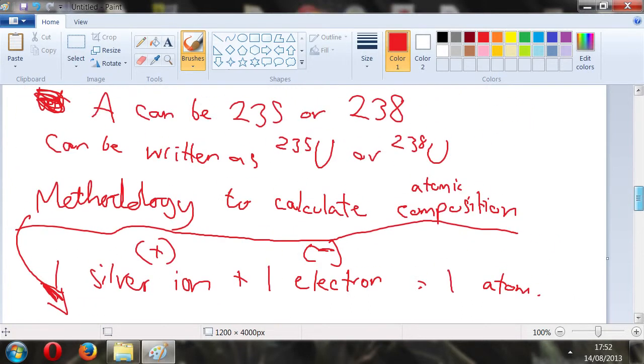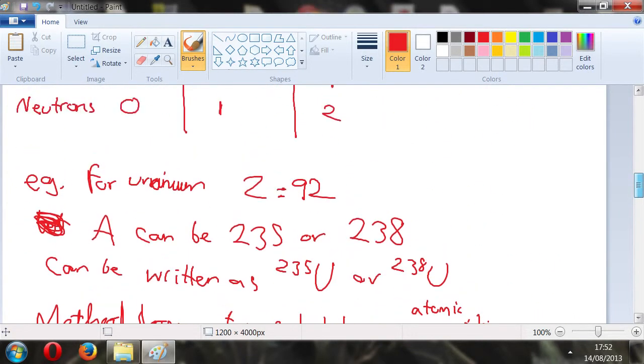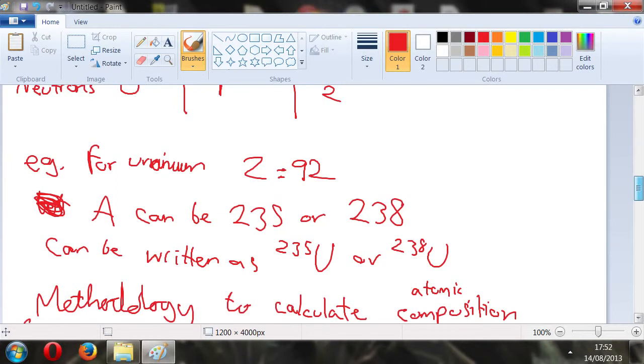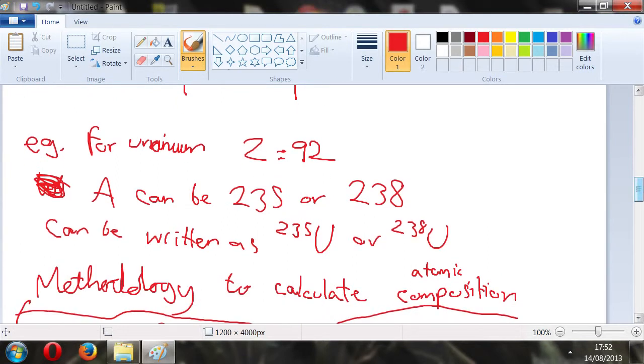For instance, for uranium, the atomic number was 92. So you just do 235 minus 92. 235 minus 100 is 135, then minus 92 is 143, or 146, I think.